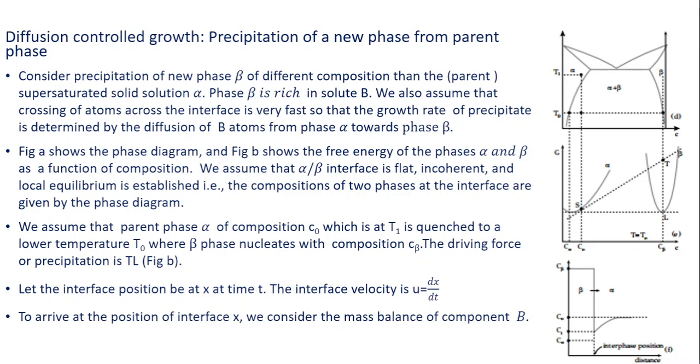So now what we can do is consider a diffusion controlled growth process exemplified by precipitation of a new phase from a parent phase. Now consider the precipitation of a new phase beta, of different composition than the parent supersaturated solution alpha. Schematically we have the phase diagram here.